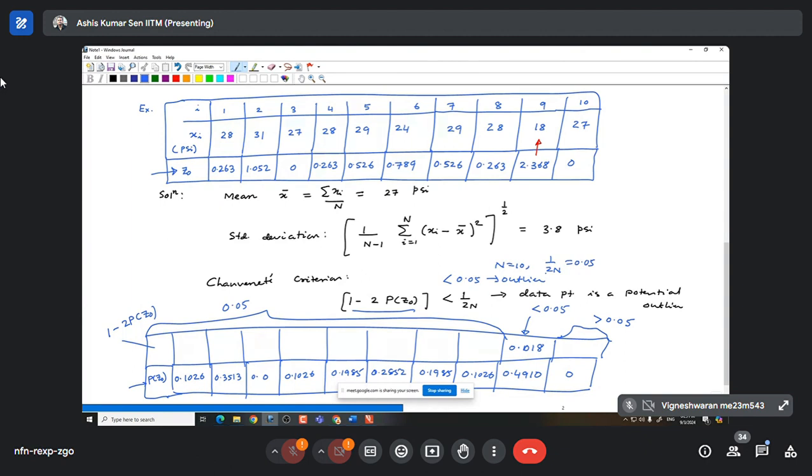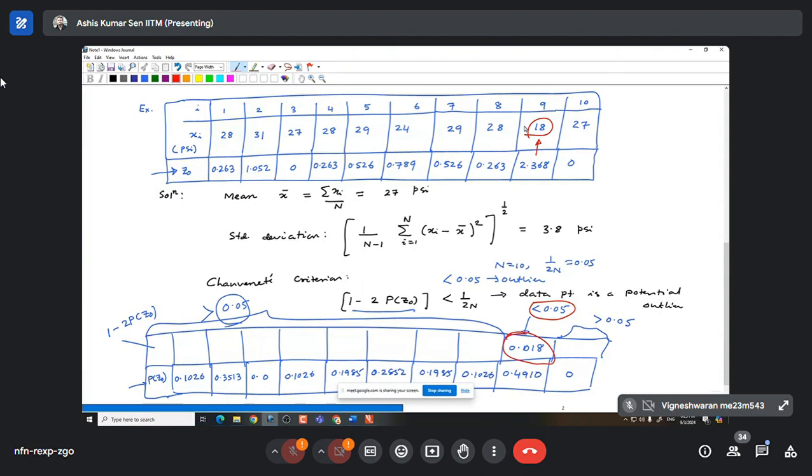You can see from the table that all these values are greater than 0.05 except this value, which is less than 0.05. So clearly this data point is an outlier. Through Chauvenet's criterion, we prove that this data point 18 is indeed an outlier.